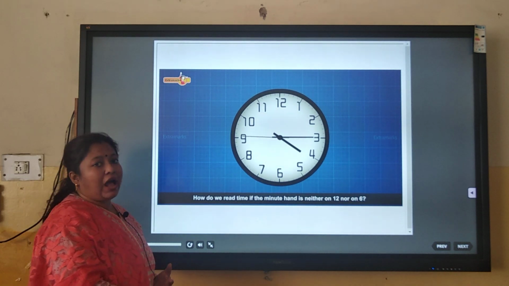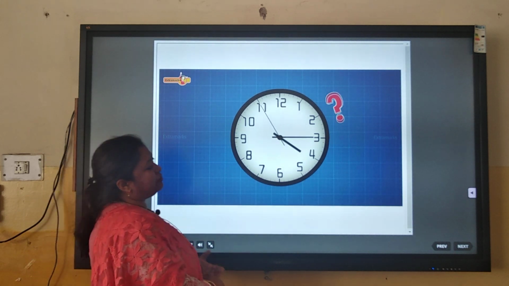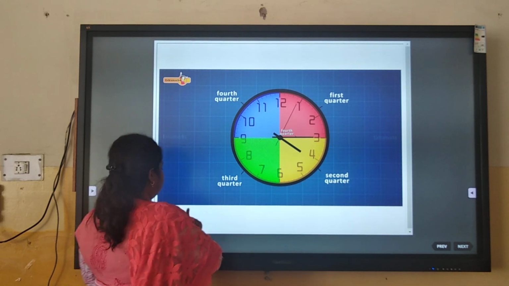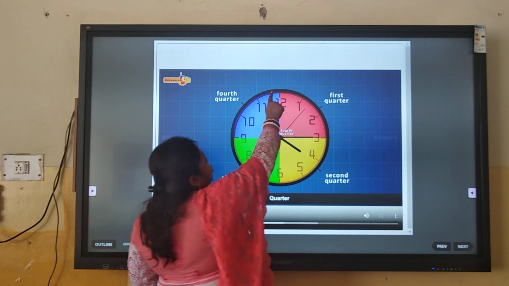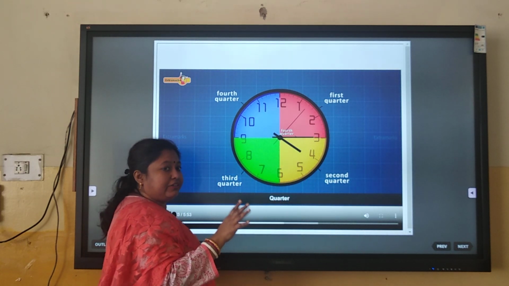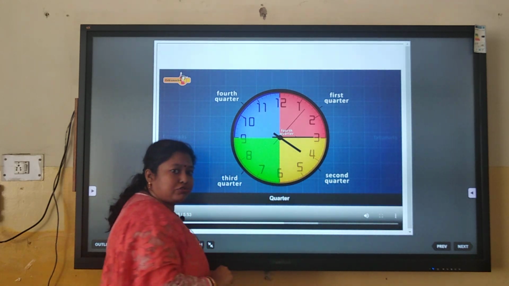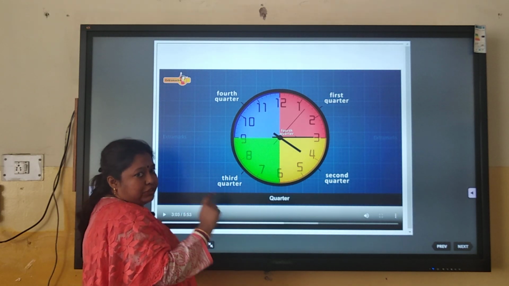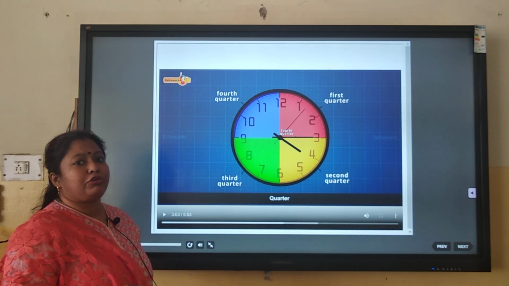So children, for our convenience to read the clock properly, we have divided the face of the clock into 4 quarters. As you can see, the first quarter is from 12 to 3, and it has 15 minutes. The second quarter is 3 to 6, also 15 minutes. 6 to 9, the third quarter, is also 15 minutes, and 9 to 12, the fourth quarter, is also 15 minutes.